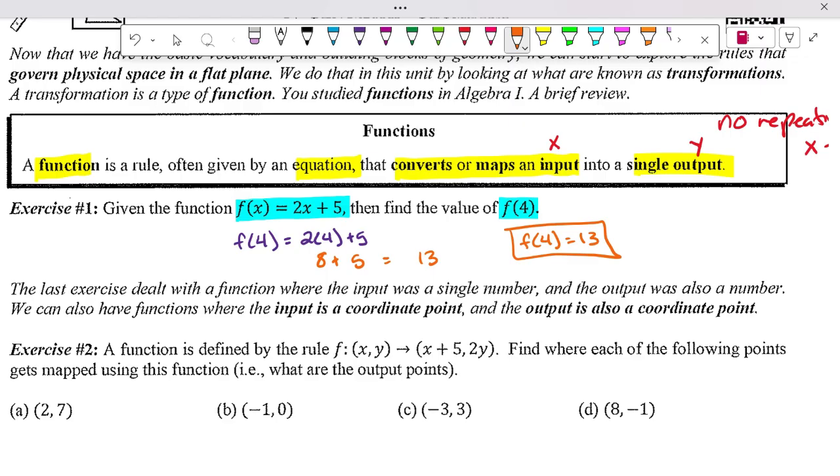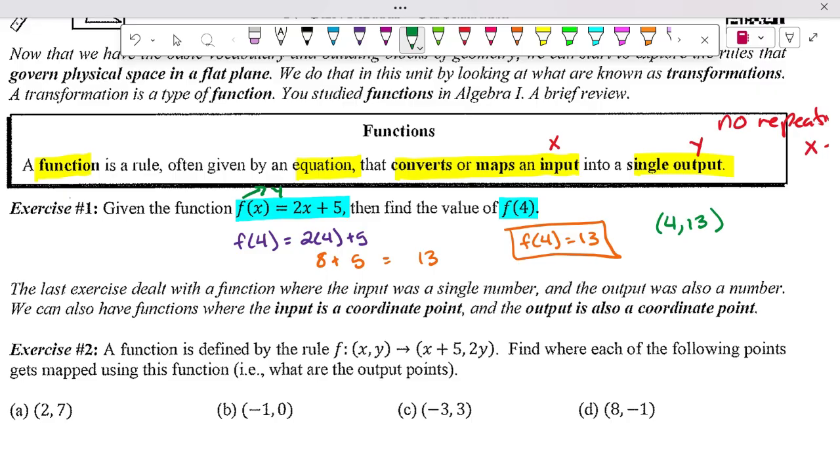So if I rewrote that piece of information as a point, what would it look like? You have an x and y value technically. (4, 13). It'd just be the point (4, 13). Remember, another name for f of x is y. All right, so f of x also represents y.